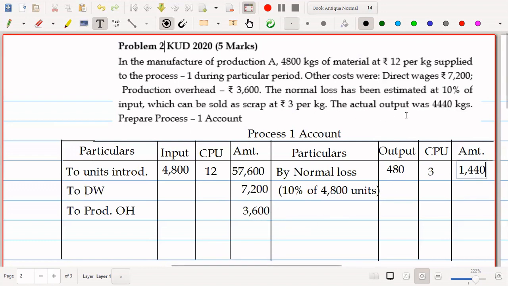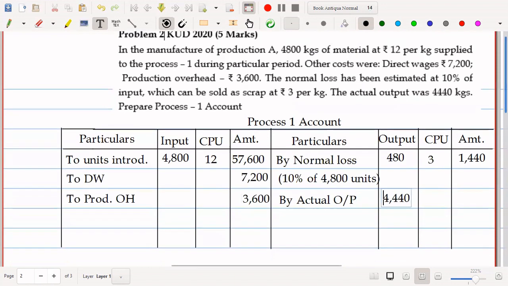Now, what was the actual output? Actual output is 4,440. And let's check the total of both the sides.